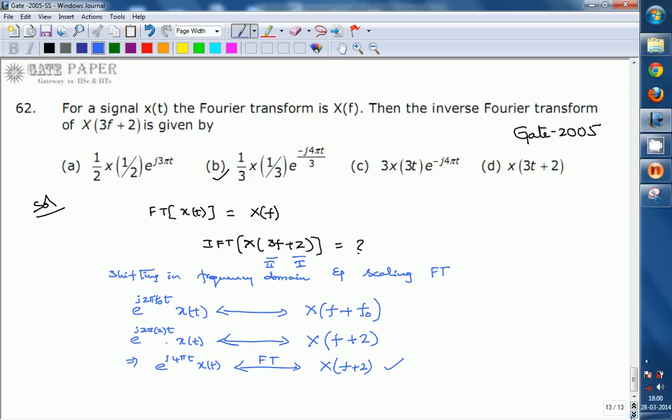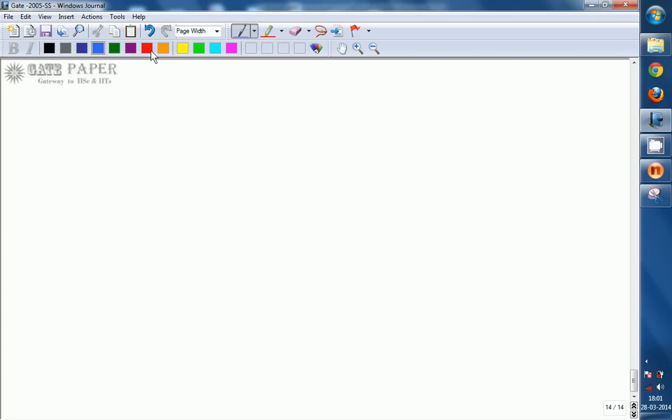Here we need the scaling factor of 3. Let's see the scaling property of the Fourier transforms. Considering x of at, the time scaling property gives 1 by a into X of f by a.